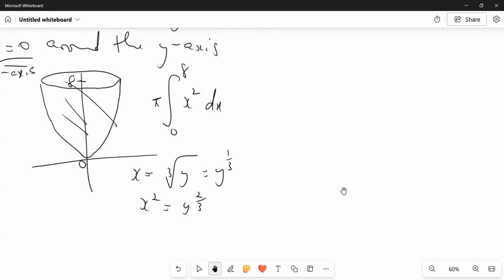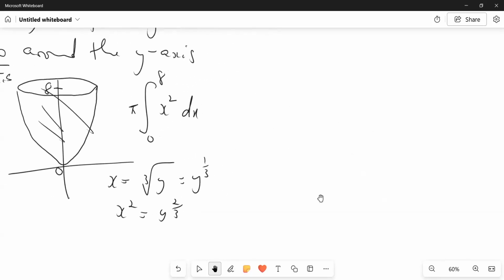So our volume is pi times the integral of y to the 2/3 dy. I made a mistake earlier: this is dy, from 0 to 8.